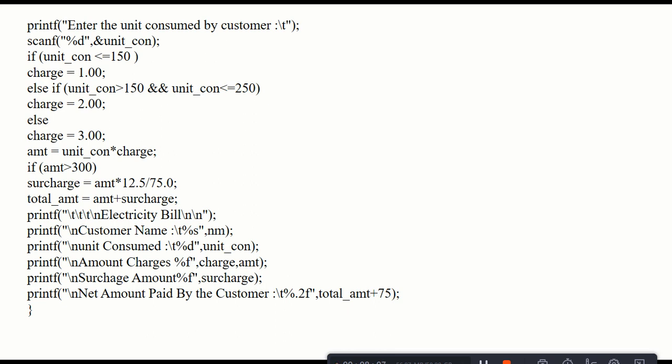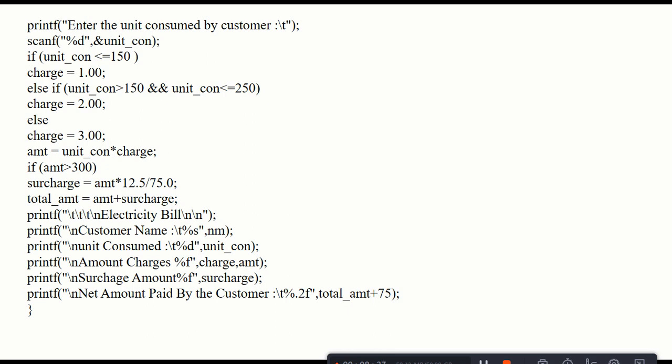Then for the result we use printf with \t\t, which gives some tab space, for the electric bill. Then the second print is the customer name. The third print is units consumed, how many units consumed.